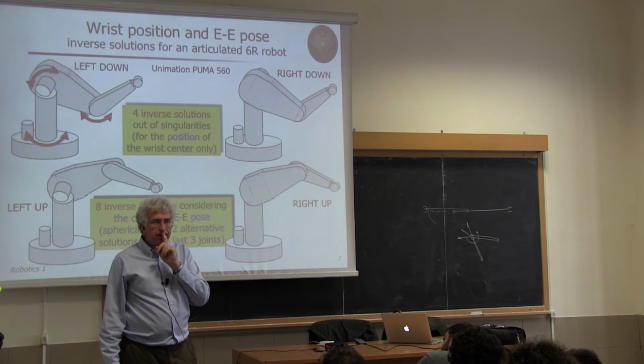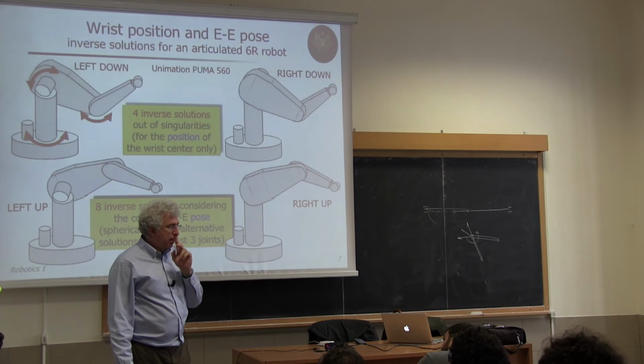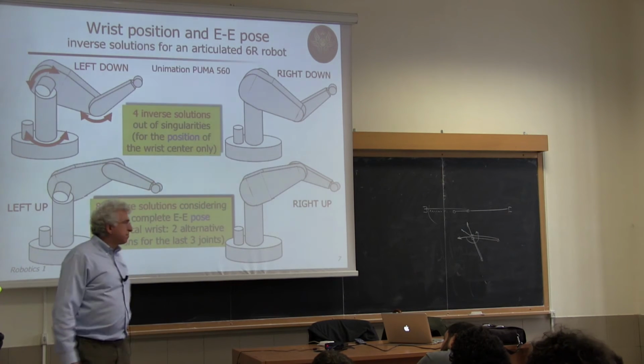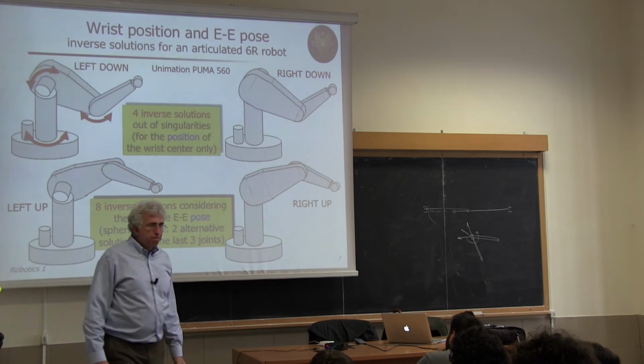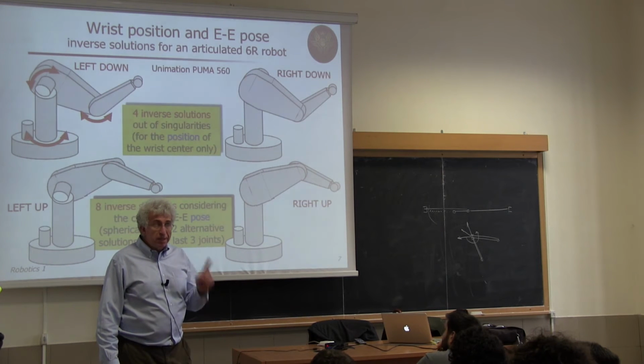Why 8? Can you imagine why they double? And why don't they become, I don't know, 32 or 3 times 4? Why do they just double? Remember, this is a spherical wrist.